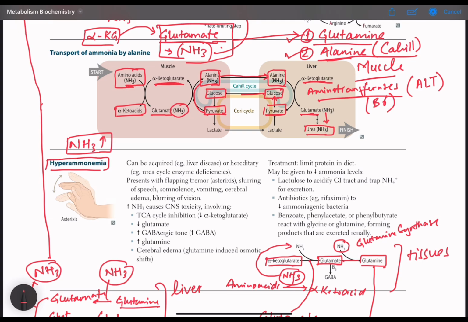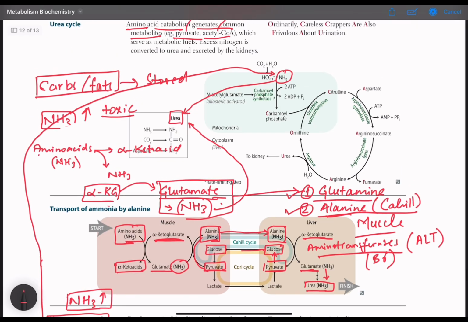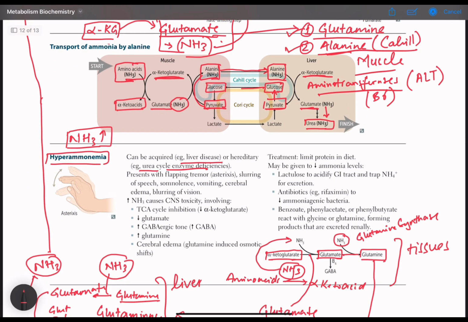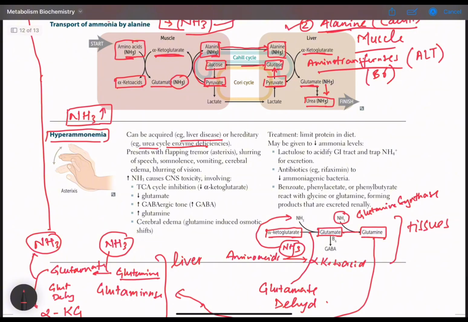Either there is some pathology in the liver, where the liver cannot handle this ammonia, or there is some pathology in the urea cycle which handles these amino groups or ammonia. Why is this high ammonia, or high NH3, detrimental for our body? The reason is that it is CNS toxic. Increased ammonia levels are toxic to our CNS.